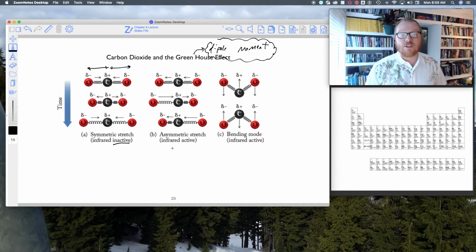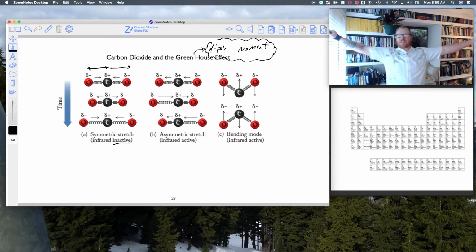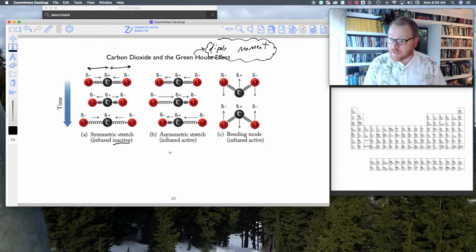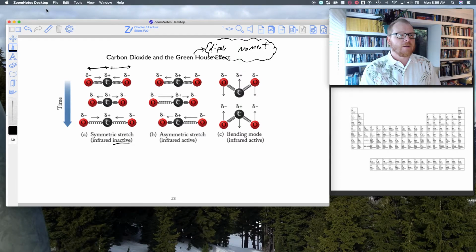However, if we look at what's called the asymmetric stretch, this is where one of these oxygens moves in like this and the other moves like this. I'm watching myself trying to do this little dance here, and I should just pay attention to the screen. So this is called the asymmetric stretch. And as it turns out, there's definitely a dipole moment in that mode, okay?